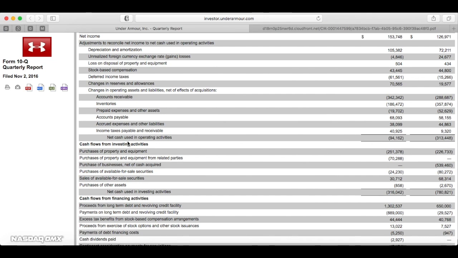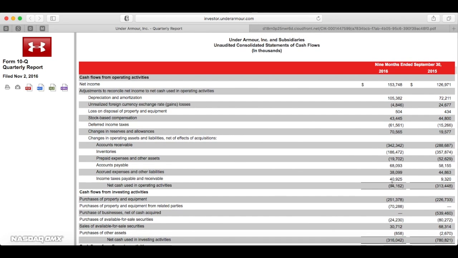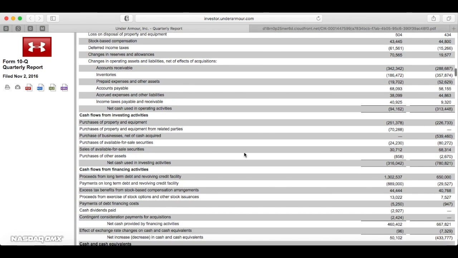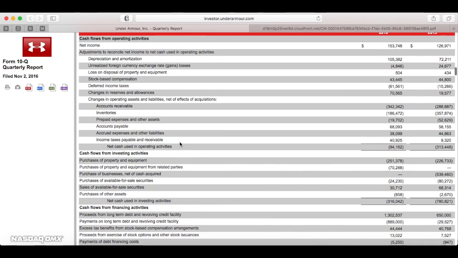So what I like to look at here is this net cash used in operating activity. This gives you an idea of how much cash Under Armour used operating its business. And you notice they have gotten a little bit more efficient here over the last year. Then cash flows from investing activities often come after that.